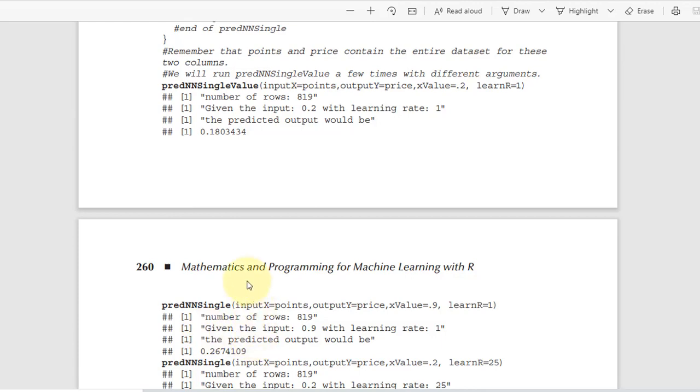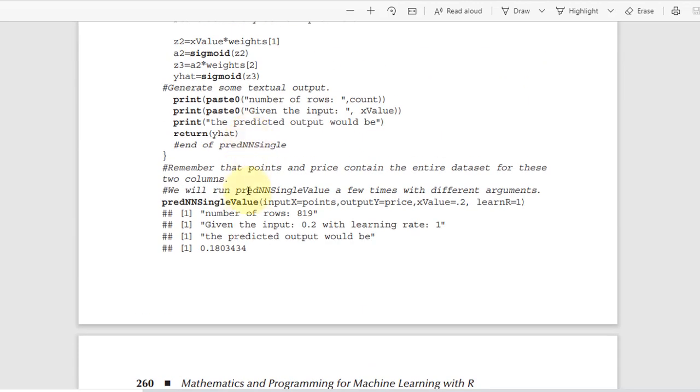And then we have a function called pred neural network NN single value. That's the prediction for a single value. We run just one piece of data through, one example through. And then, of course, we're going to want to put this into a loop. There could be other ways to do it, but we're going to use a loop and have it run all of the data.